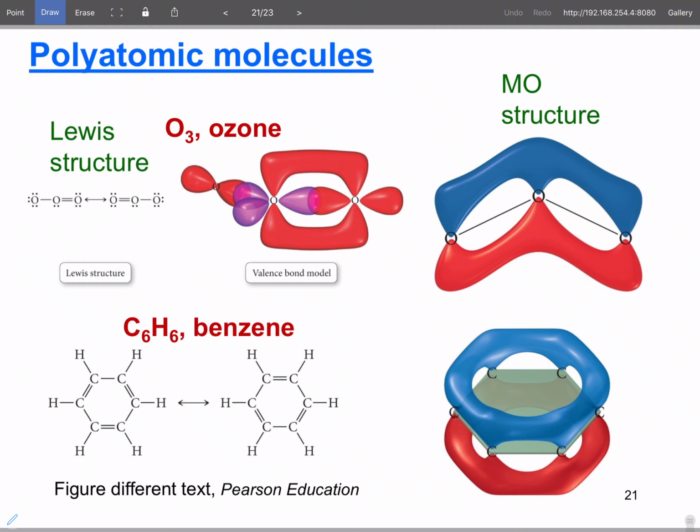No, you can't in valence bond theory or in VSEPR. But you can in molecular orbital theory. And what that allows this structure to do, it moves from a single bond and a double bond to the 1.5 bonds which go across the entire molecule.